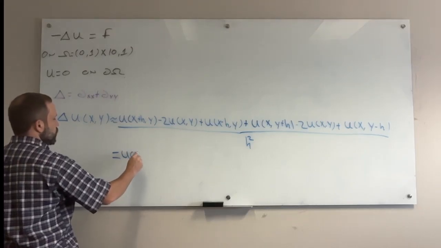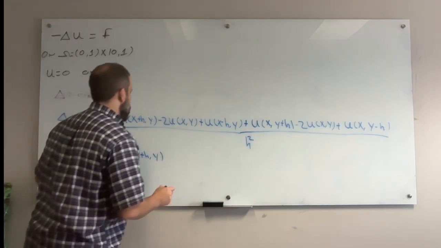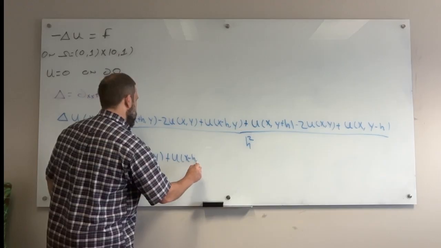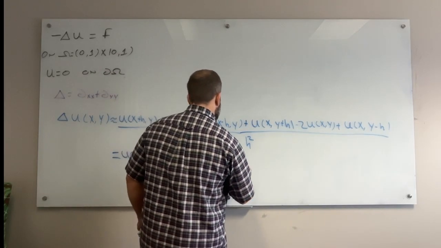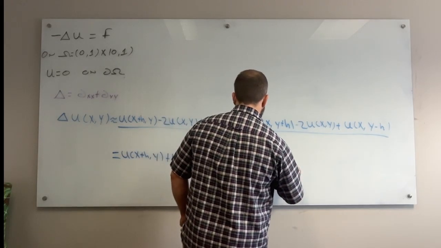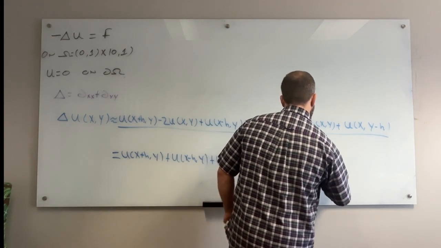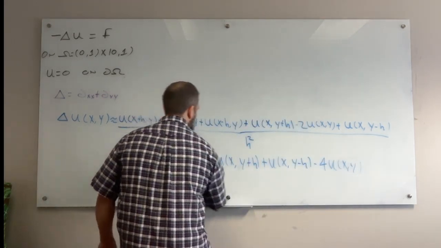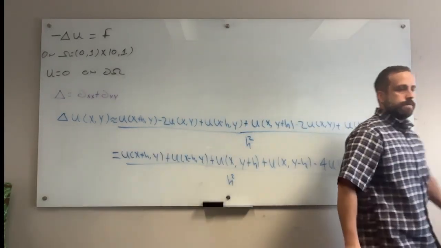So we're going to have u(x plus h, y) plus u(x minus h, y) plus u(x, y plus h) plus u(x, y minus h), and then minus 4 u evaluated at (x, y), and then all of this divided by h squared.